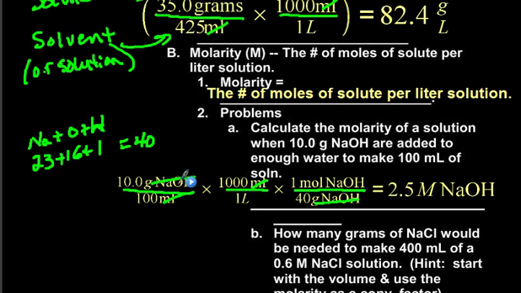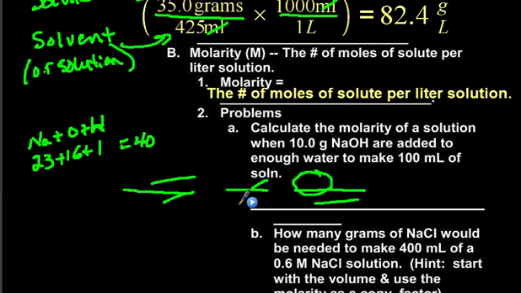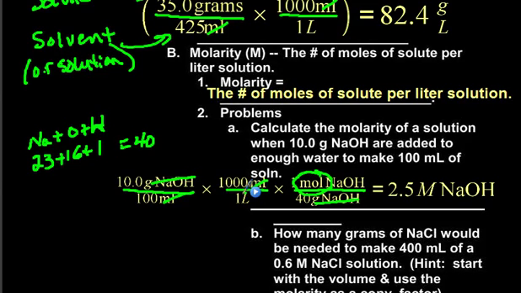We are left with moles over liters, moles per liter, and that's 2.5 molar. This is called a molar solution. 2.5 molar solution, or 2.5 moles per liter.